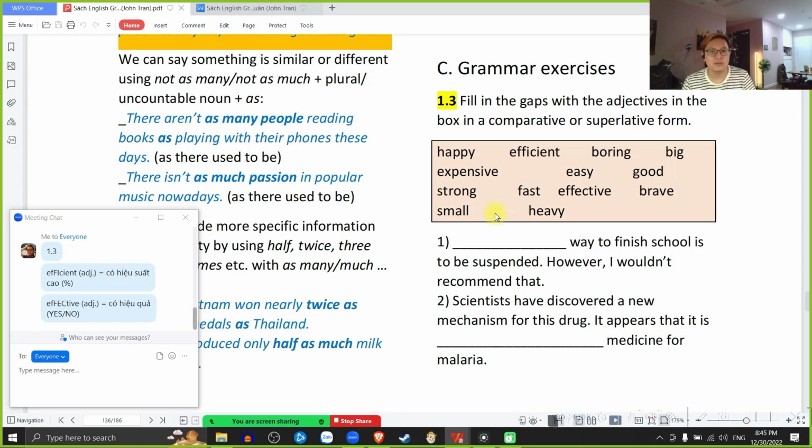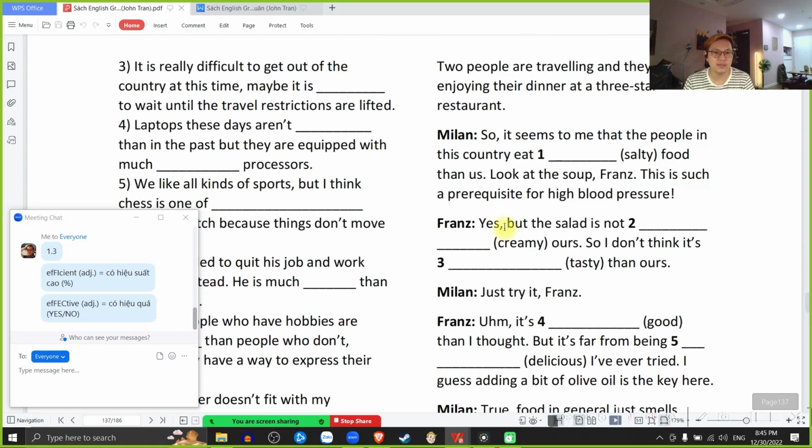Đọc lên mọi người, please. Nghiêm, please. Number 1. Em đọc đến 5 câu hay just read 5.